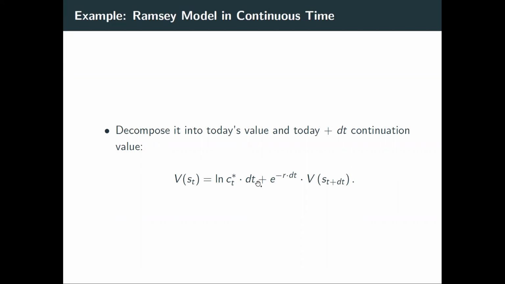And then starting from t plus dt, which you discount by this, you have, again, the value function where you act optimally starting from t plus dt, right?